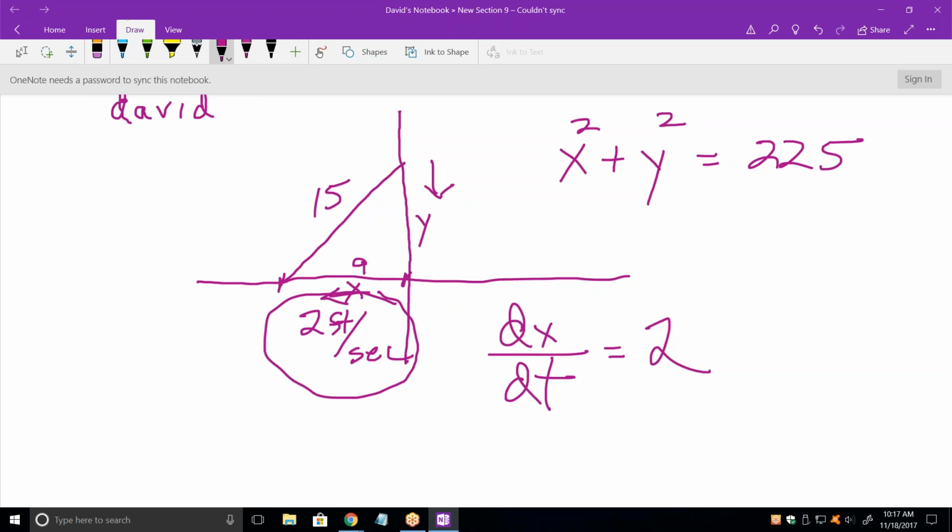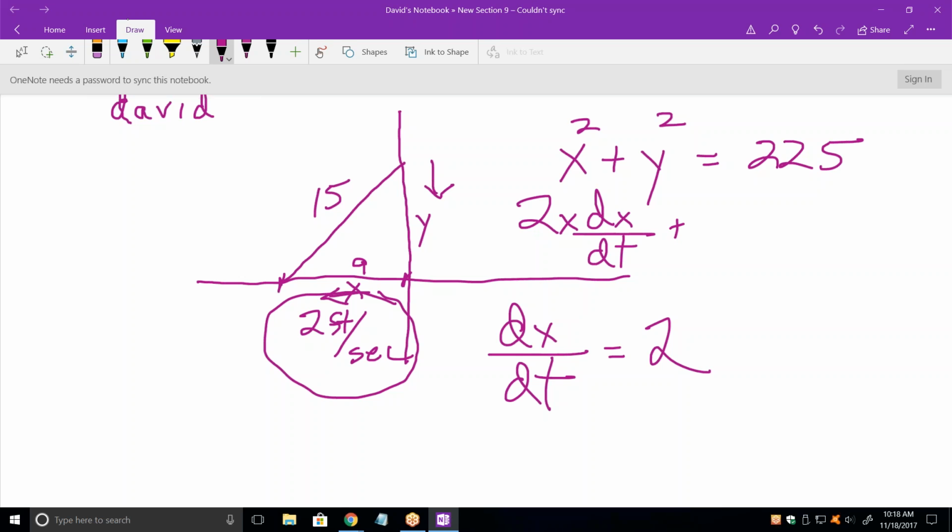Well, if we implicitly differentiate this thing, what do we get? Can you implicitly differentiate that? Yeah, so 2x dx plus 2y dy. 2x dx/dt. Very important to put the dt under that, because this tells us we're implicitly differentiating with respect to time, which we want to do because the dx/dt that was given to us is in terms of time.